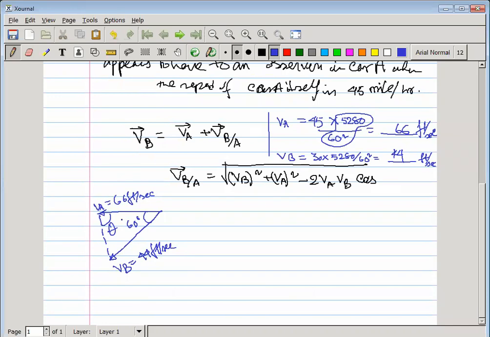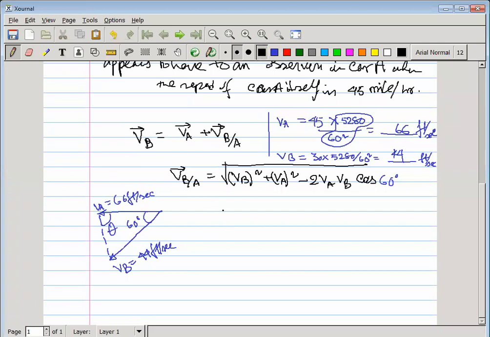So to find that, first let us solve this one. This is the velocity diagram, right? You know that VB is equal to VA plus VB/A. So VB/A is how much? Root of VB squared plus VA squared minus 2 VA VB cos 60.